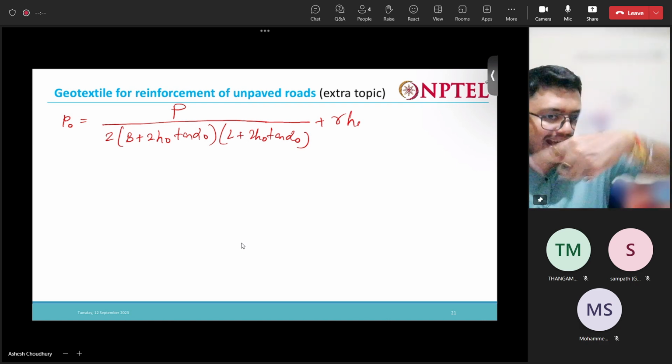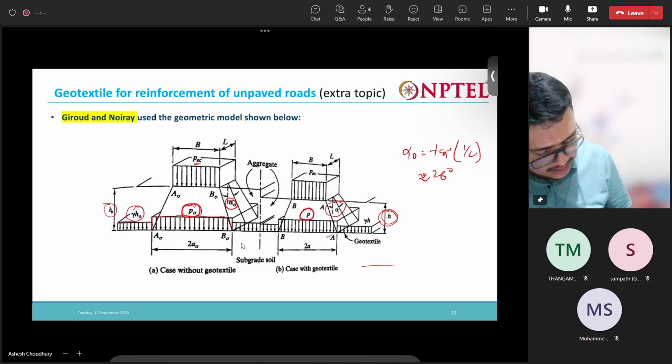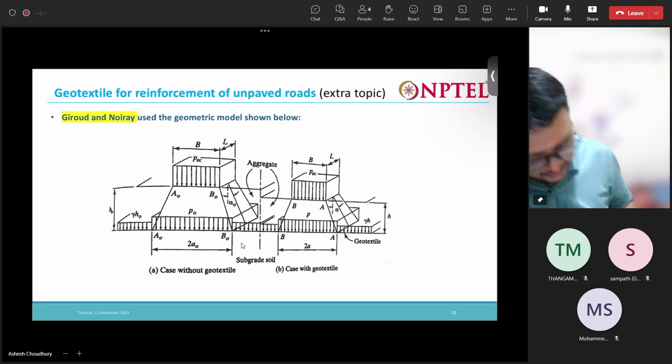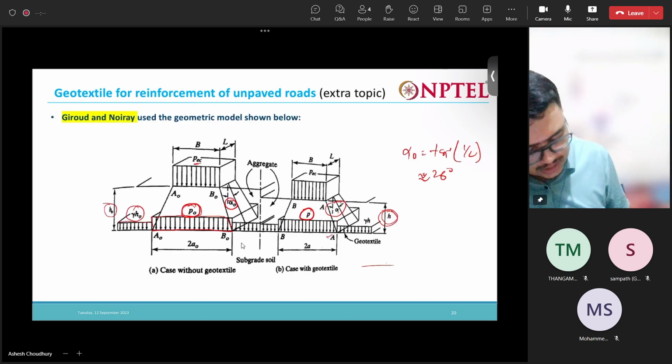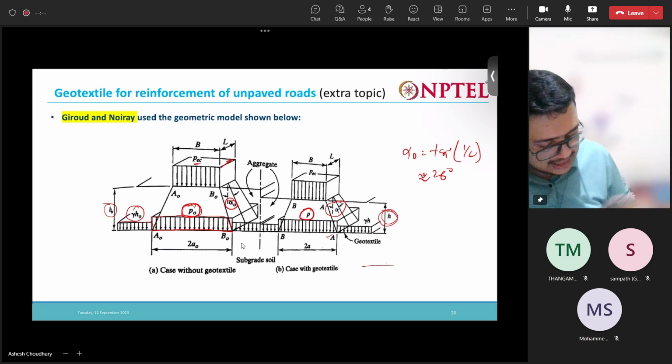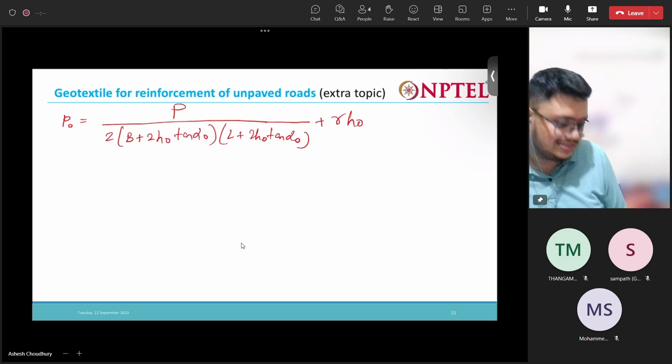So this is nothing but the area, right? This area is length into breadth. This length into breadth is the tire contact area. This area is getting expanded here below. So that expanded area is nothing but this.